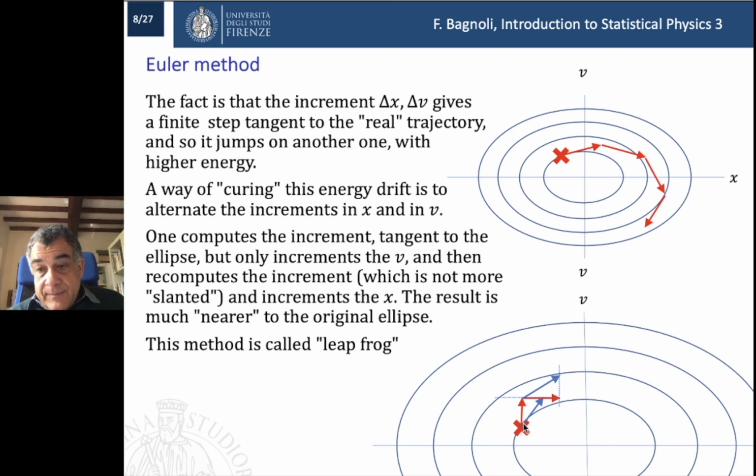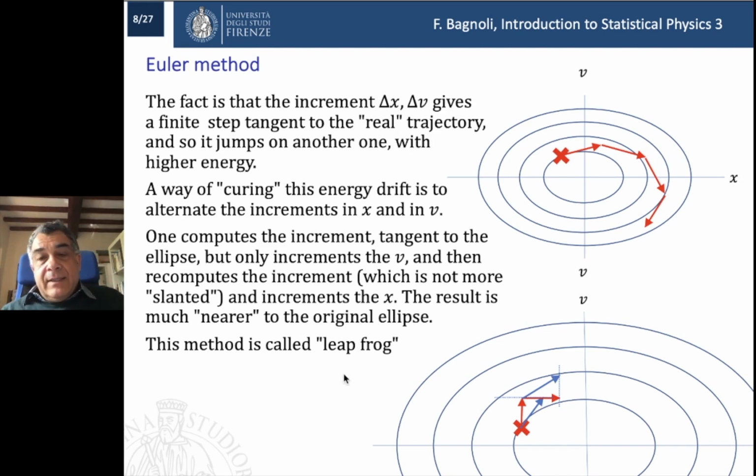You can see that I am now closer to the initial energy surface, much closer than in the previous case. And this is the error that I would do with a simple Euler scheme, while here I'm doing a much smaller error. So I can separately increase the x and v. It is the same also if I increase first only the x, and then only the v.